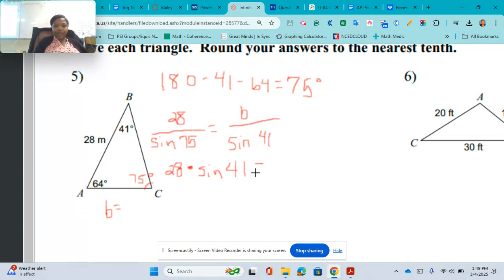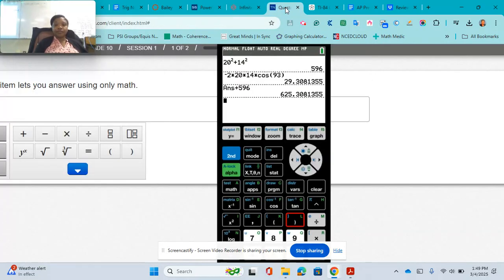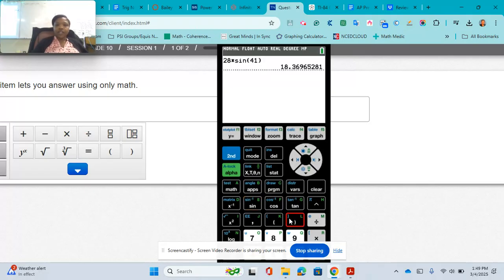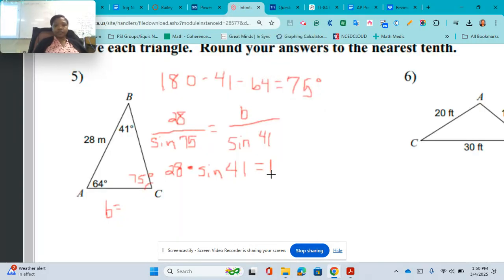We're going to plug that into our calculator. 28 times the sine of 41. And we have 18.3696. All right.